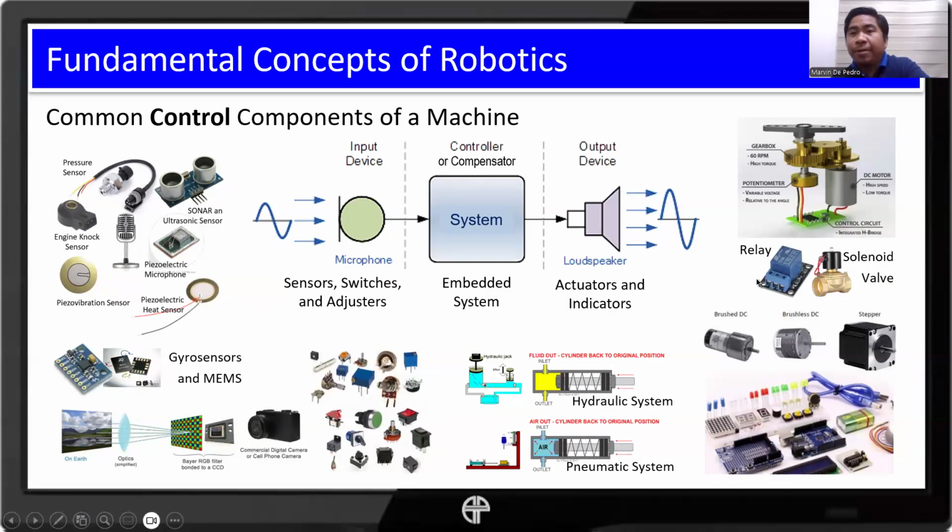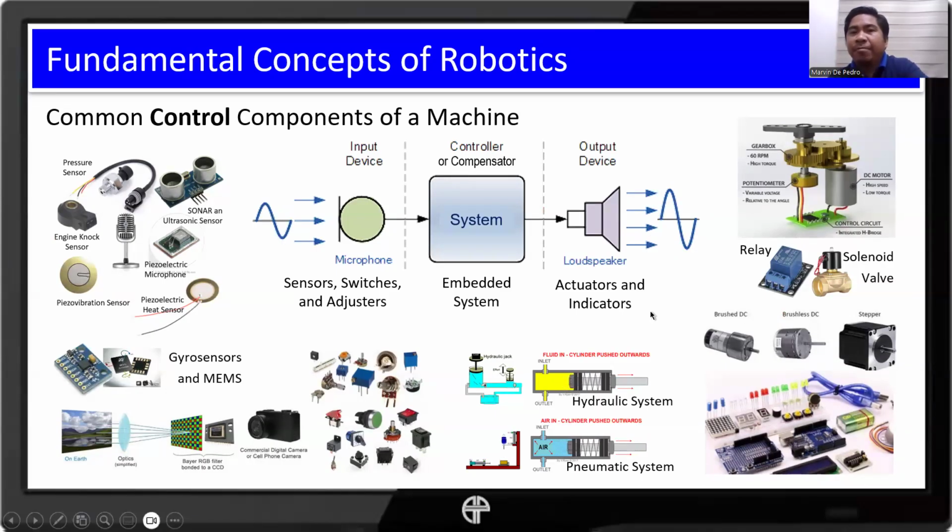Regarding the actuators, again, we have the motors. We can also have relays and valves for turning on, turning off, or opening and closing something. We can have pneumatic and hydraulic actuators as well. In summary, we have at least one input device, which could be a sensor or some adjusters, like switches, sliders, or knobs.